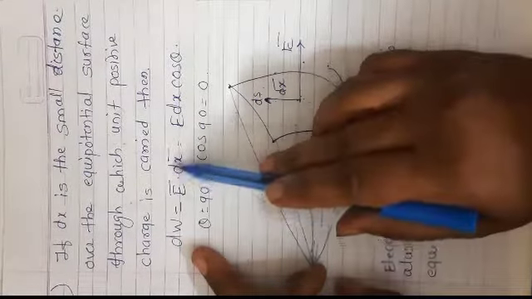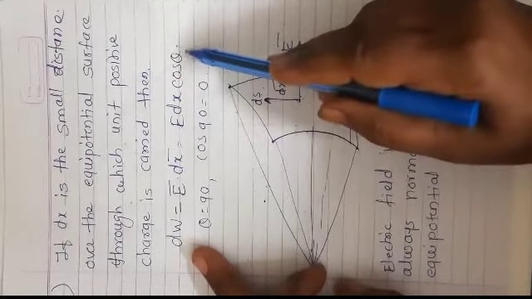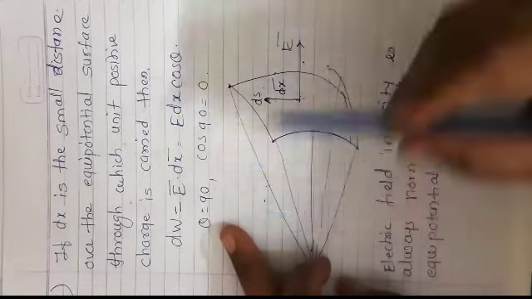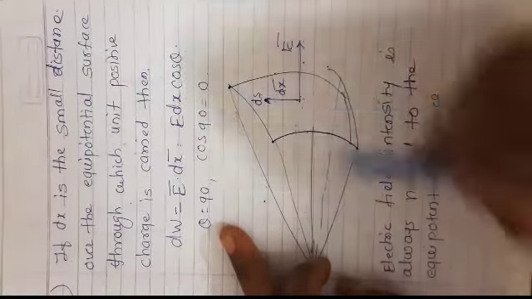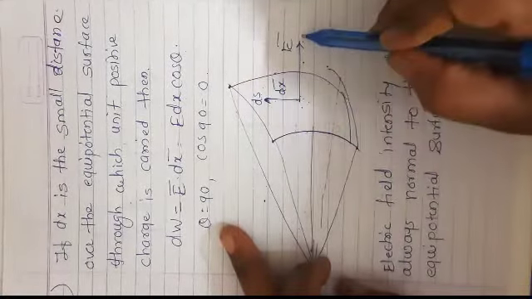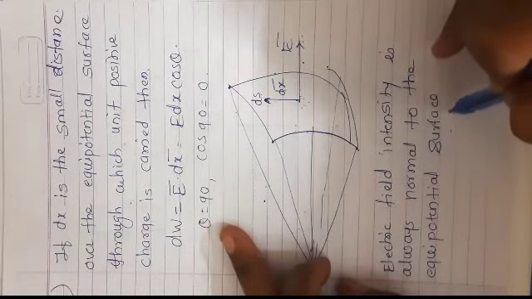In angle form, it is E dx cos theta, where the electric field intensity is perpendicular to the equipotential surface.